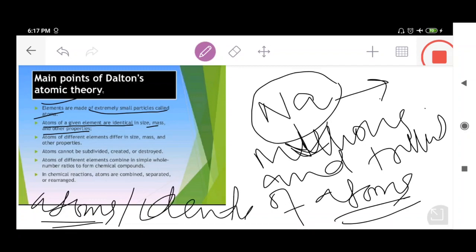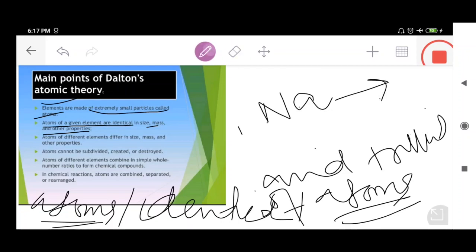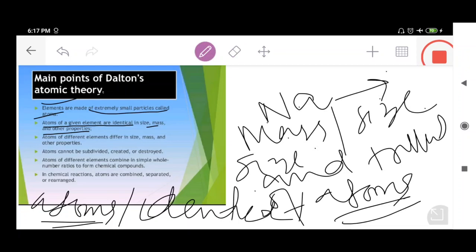I mean, these are identical with respect to mass, with respect to size, with respect to shape, and other properties as well. That's why the second postulate of Dalton's atomic theory is atoms of a given element are identical in size, mass, and other properties.